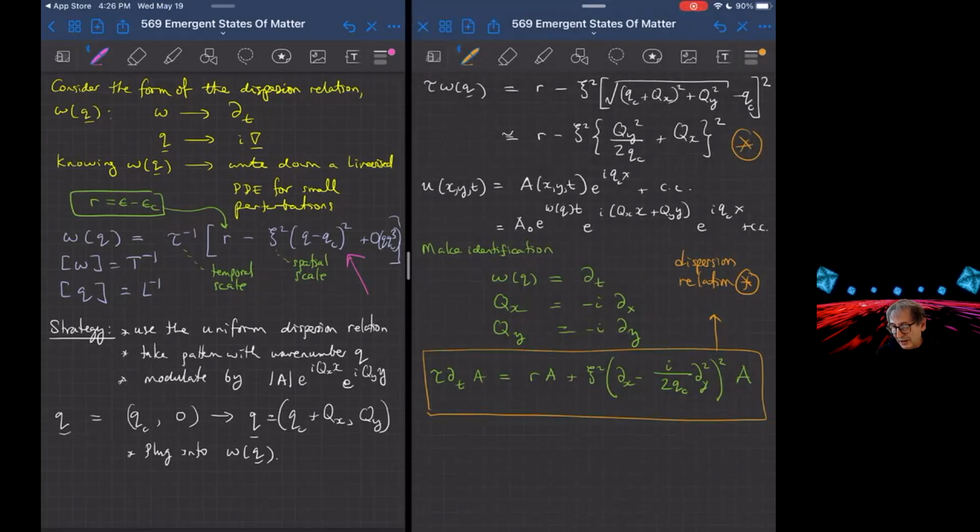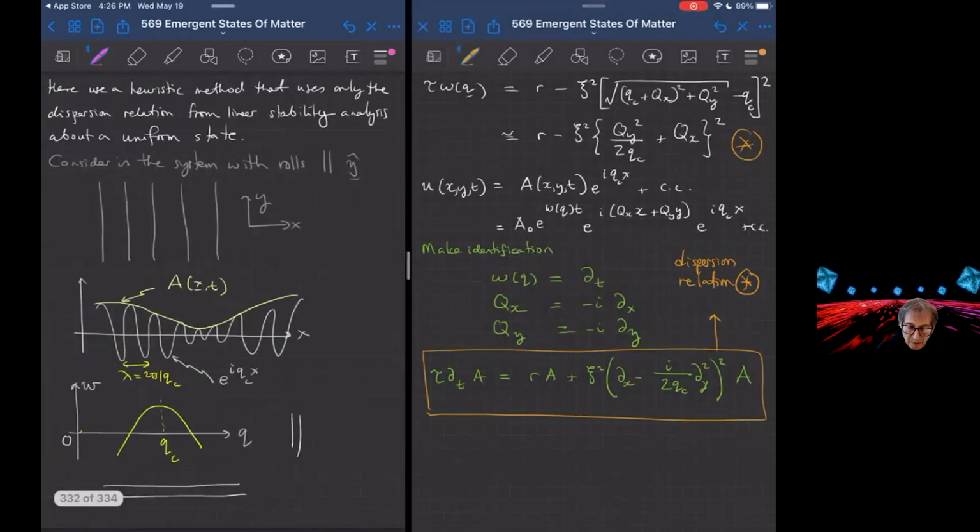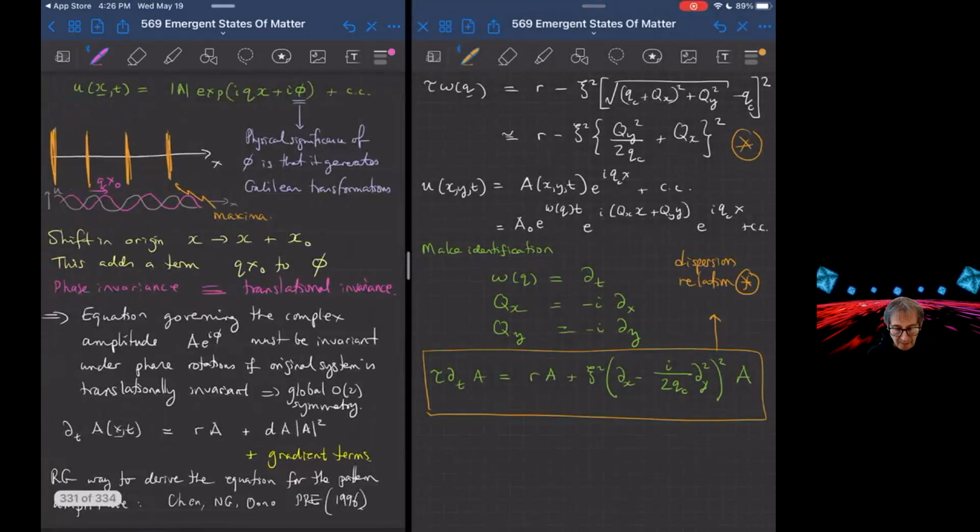Okay, so that's just the linear term here. Remember what we were trying to do was add the gradient terms to the terms that we already got from bifurcation theory. Over here on the left, we have the bifurcation theory plus the gradient terms. And now I've just calculated, at least to first order in amplitude, what those gradient terms look like.